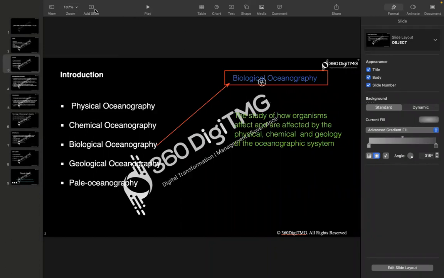So, the study of organisms that affect and are affected by the physical, chemical, and geological aspects of oceanographic systems.